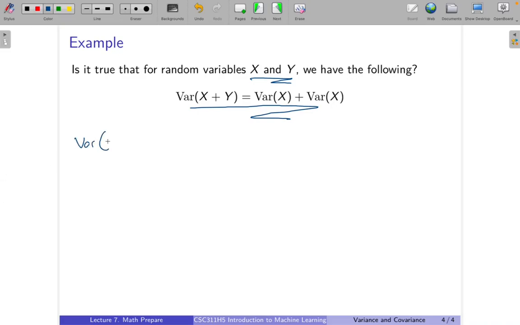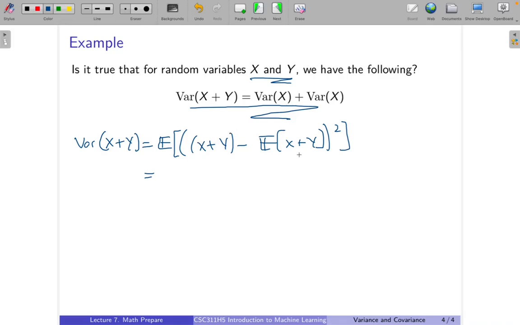We're trying to compute the variance of x plus y, and one good place to start is just the definition of the variance. So that's just going to be the expected value of x plus y minus the expected value of x plus y, all squared.